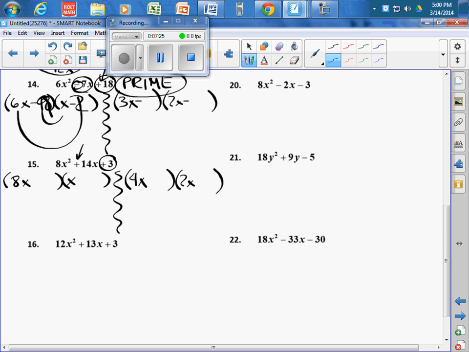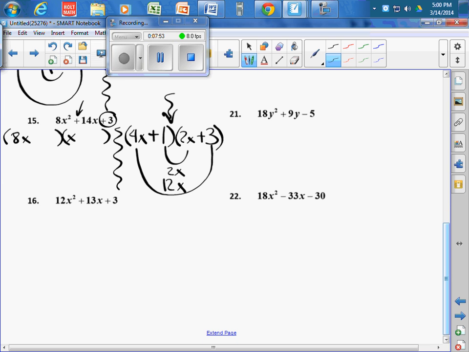Let's look at this set of parentheses here. There's only one way to break up the 3 and the 1, right? If I were to put 3 here and 1 here, and again, both need to be plus signs, right? Look at this. We have 2x here, 12x here, and we have our 14x in the middle. So we're done. 4x plus 1, 2x plus 3.